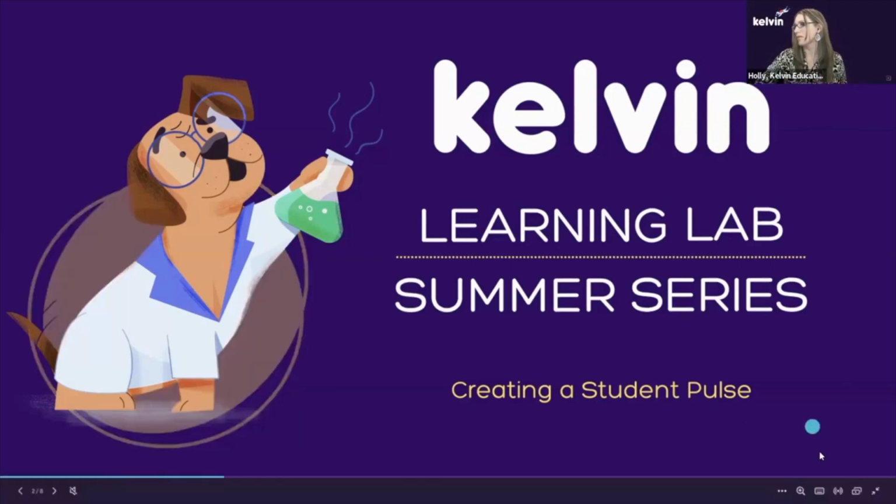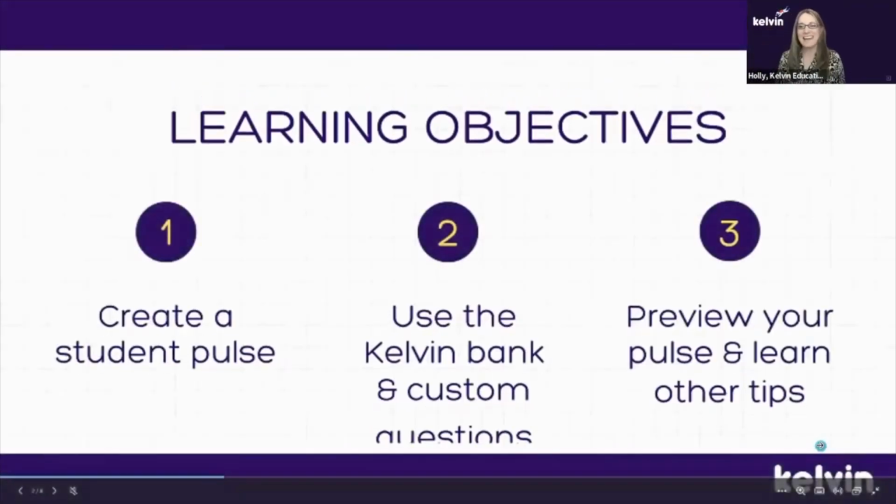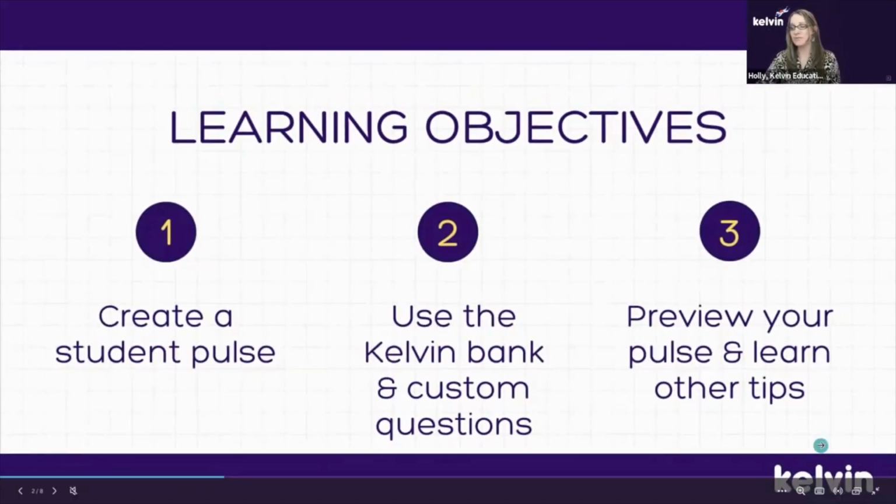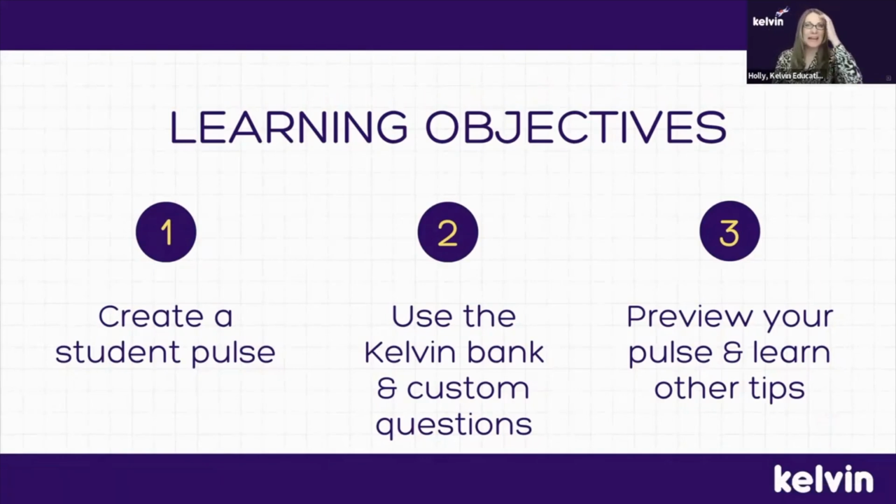So what our learning objectives are for today is to help you create a student pulse, using the Kelvin Bank and your own custom questions. And then we're going to show you how you can preview your polls and hopefully some other tips along the way. I'm also going to save some time for Q&A at the end, so if you have any burning questions or specific things about creating a pulse that have come up as you've been learning how to create your own, we'd be happy to address that at the end today.